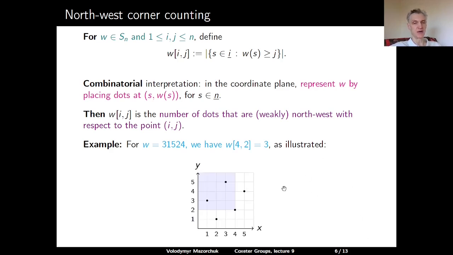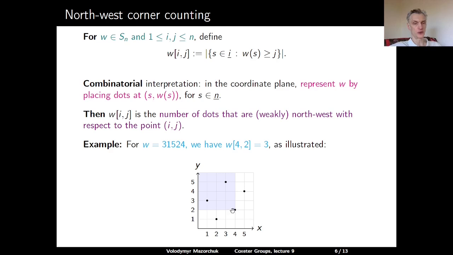So here is our graph of w. 1 goes to 3, 2 goes to 1, 3 goes to 5, 4 goes to 2, and 5 goes to 4. We take the point (4, 2), and we want to compute the number w(4, 2).